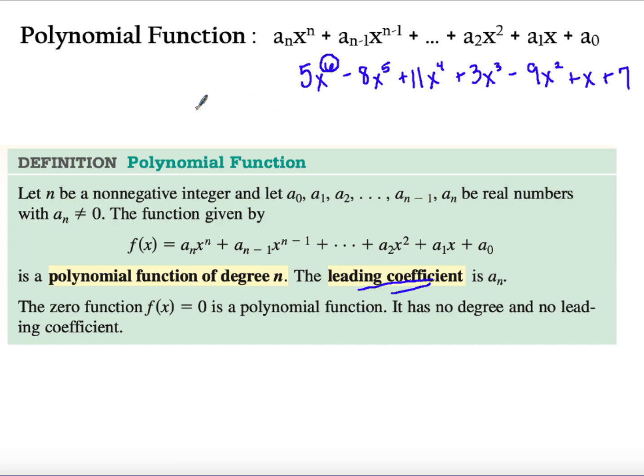One thing that's very important for us to notice about a polynomial is that n, that largest exponent, is a non-negative integer. In other words, you need a positive number for your exponents in a polynomial function, and integer meaning we're not going to be having any fractions as our exponents there as well.